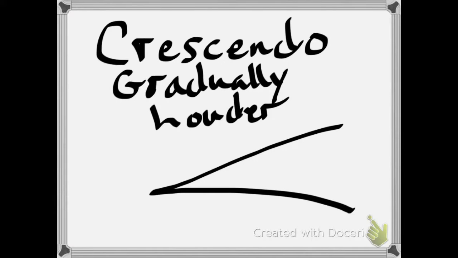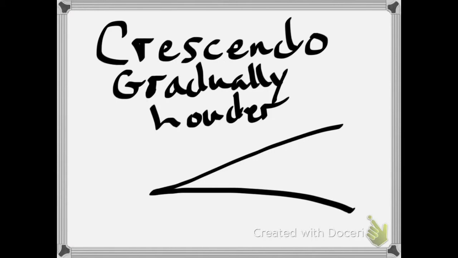Now, have you ever watched a movie and heard the music start off softly and then just get louder and louder and louder, and build a lot of excitement or maybe even fear, depending on the kind of movie you're watching? Well, that's called a crescendo. A crescendo means to gradually get louder, and sometimes it can take several measures for a crescendo to happen, as it starts off softly and just gets louder and louder.